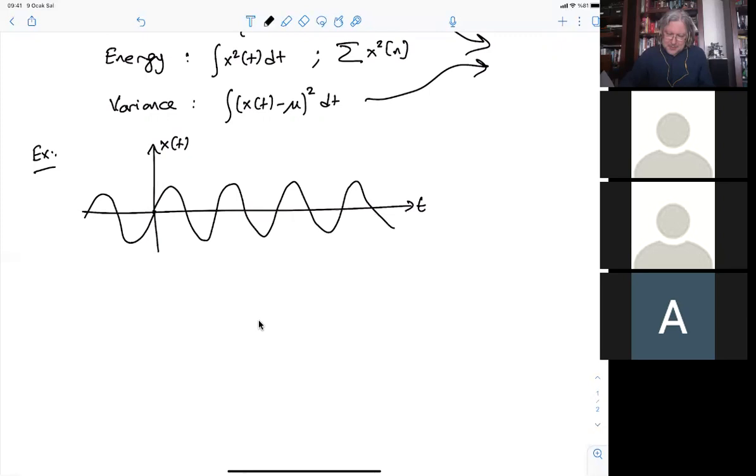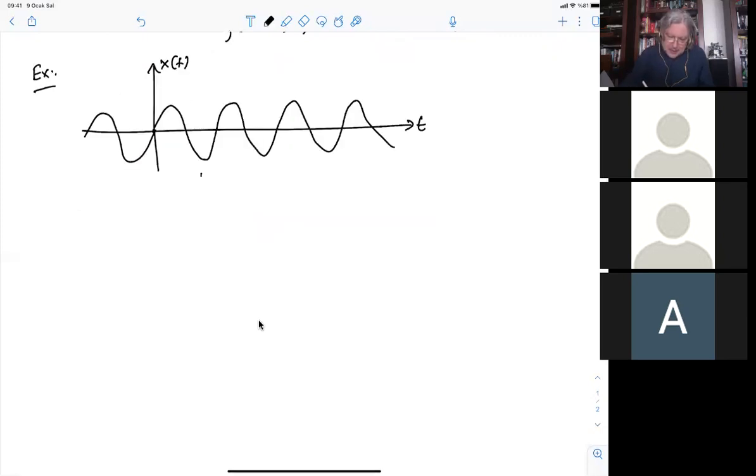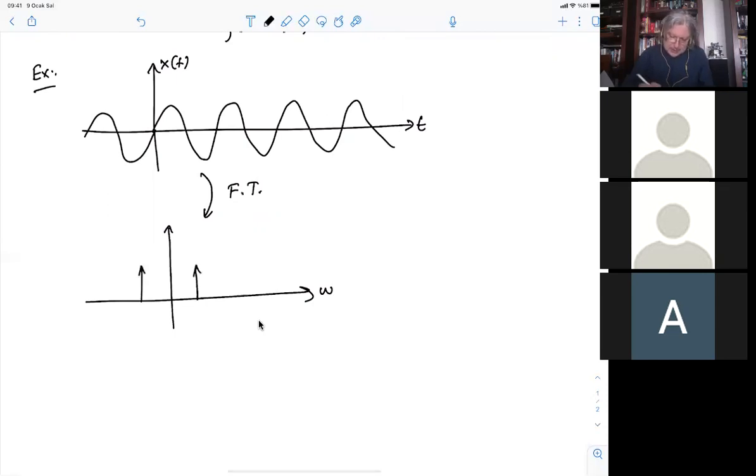However, if I take the Fourier transform of this signal, we all know that on the frequency axis, it makes only two impulses, right? Two impulses, just two values.